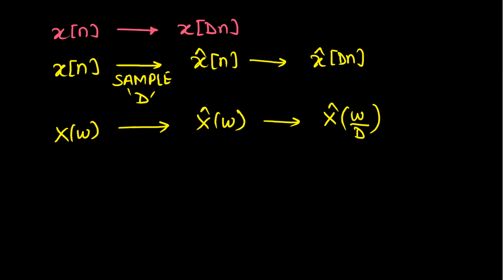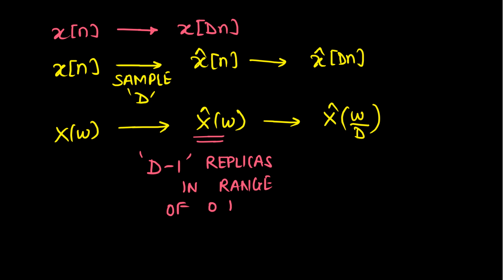Now we know that when we obtain this x hat of omega from x of omega, then we obtain n minus 1 number of replicas from 0 to 2 pi range. But here the value of n is d, so we would be obtaining d minus 1 replicas in the range of 0 to 2 pi, and these replicas would then be scaled by a factor of d.